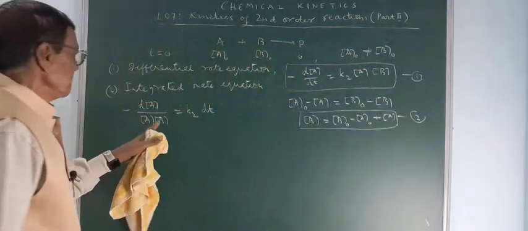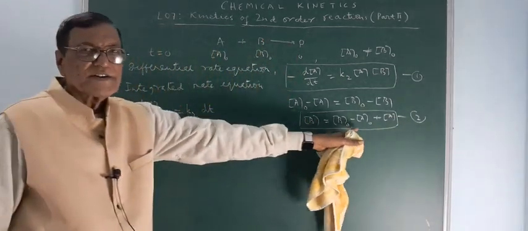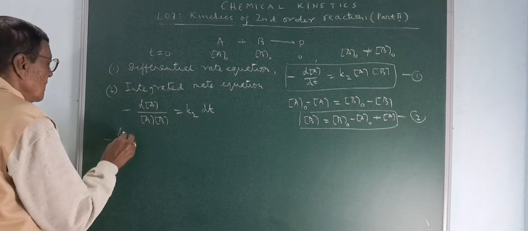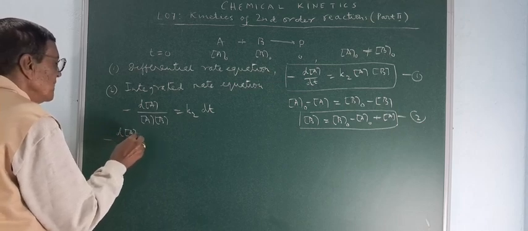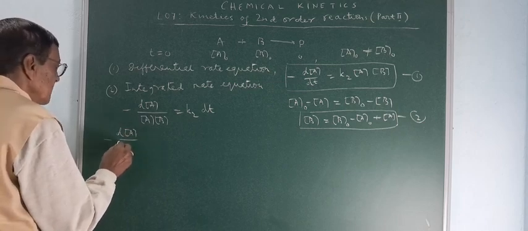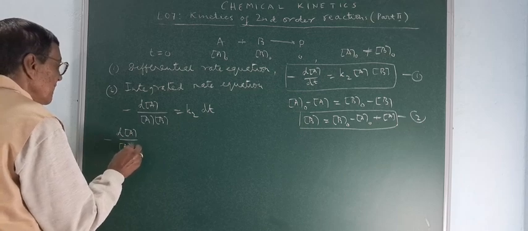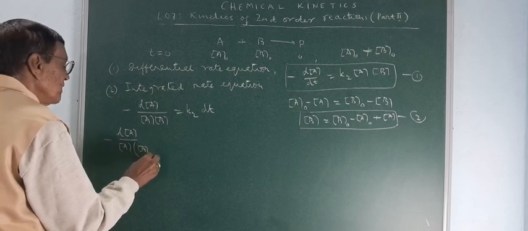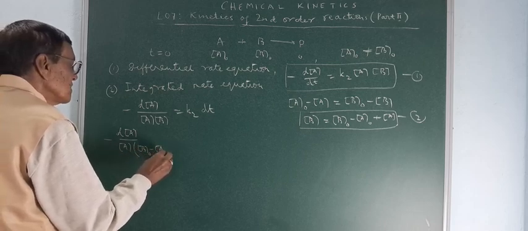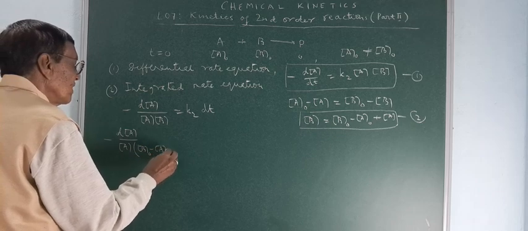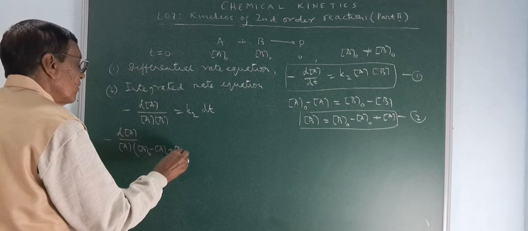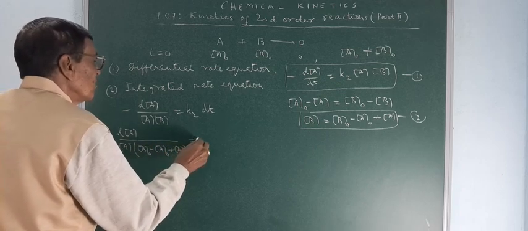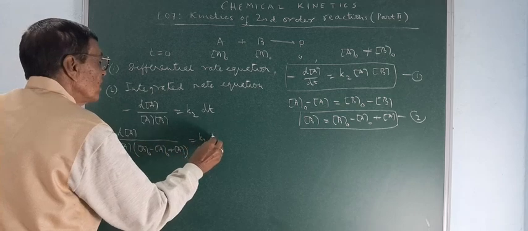So B is replaced by the right hand side: minus dA divided by A into the bracket of B naught minus A naught plus A, equal to K2 dt.